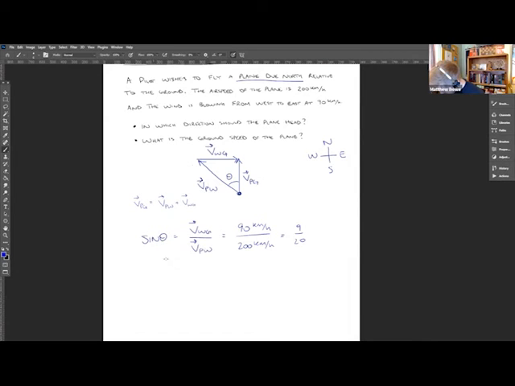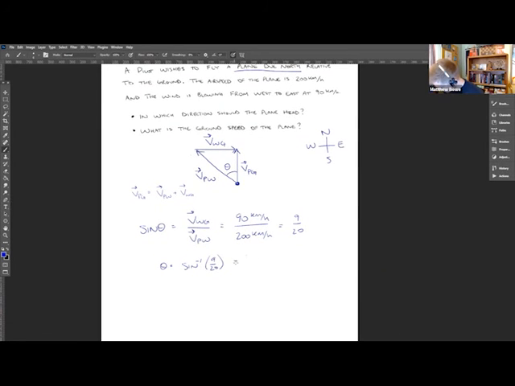So we can rewrite this as theta is the inverse sine of 9 over 20, which is 27 degrees. And the wording on this, since we are dealing with actual cardinal directions, we could say 27 degrees.